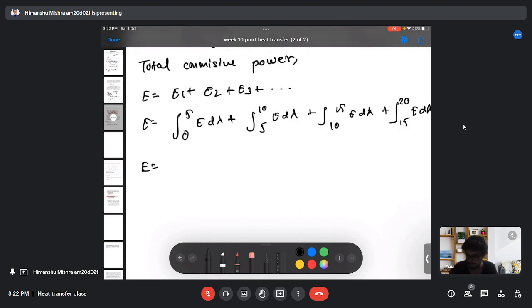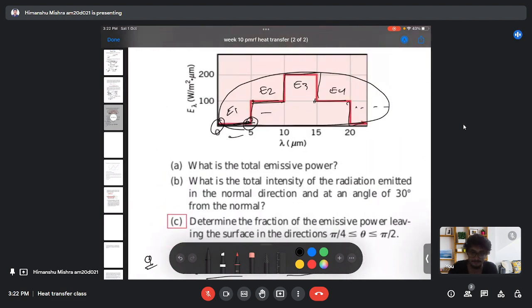I just need to put in the value of emissive power of the specific region from the graph.